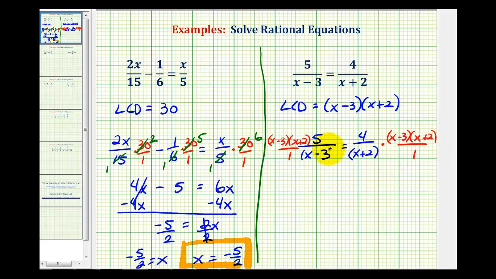Notice when we do this, on the left side of the equation, we have an x minus 3 over x minus 3. That simplifies to 1. And on the right side, we have an x plus 2 over an x plus 2. Again, notice how now the denominators are equal to 1. So we're left with the quantity x plus 2 times 5, or 5 times the quantity x plus 2, must equal 4 times the quantity x minus 3.